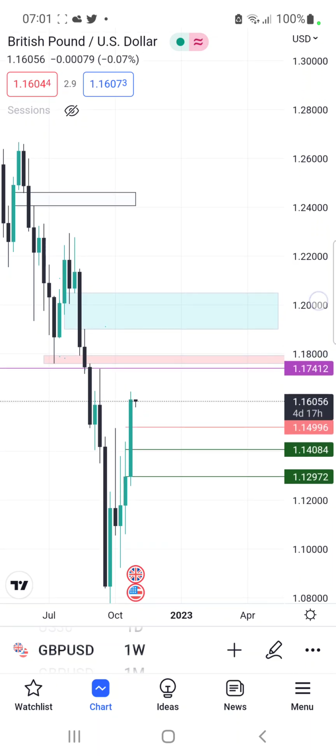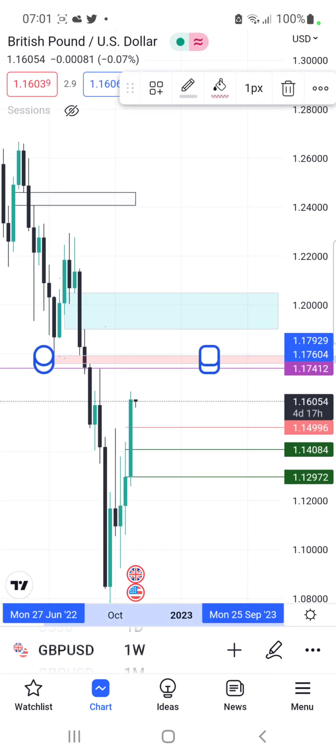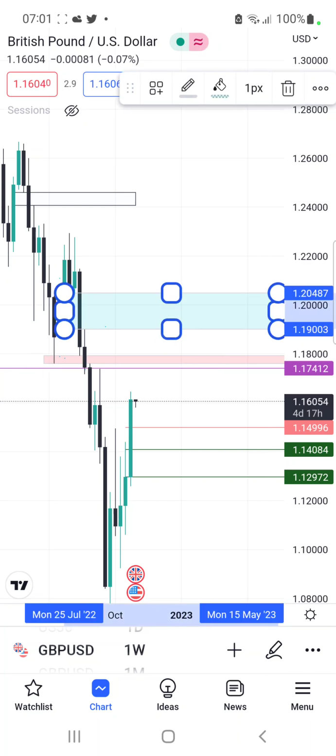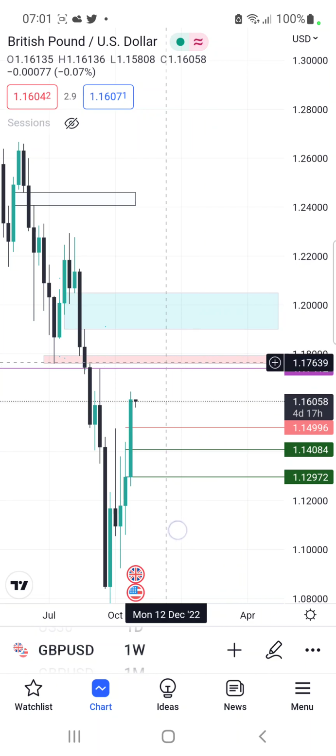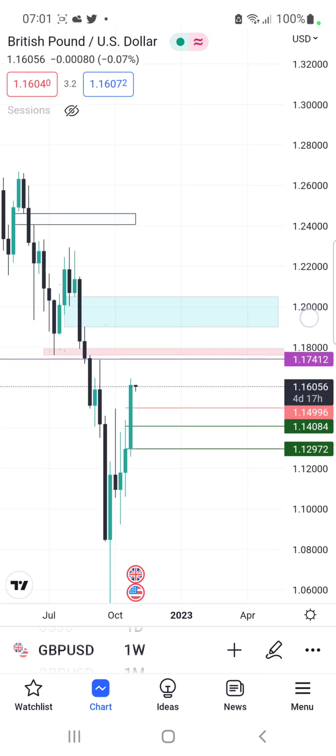Then this zone here is our recent fair value gap. Then we have the main fair value gap here marked in green. So I'm expecting we might tap the recent one here, then proceed to the downside.